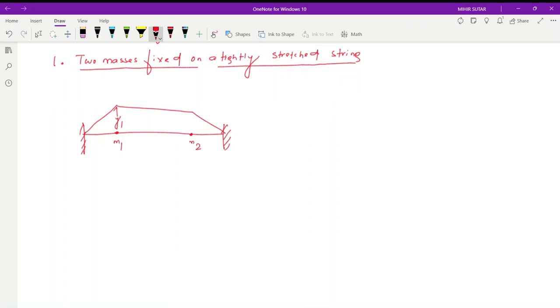Say this is Y1 and Y2. Now let's say this length is L1, between the 2 point masses it is L2, and this part is L3.